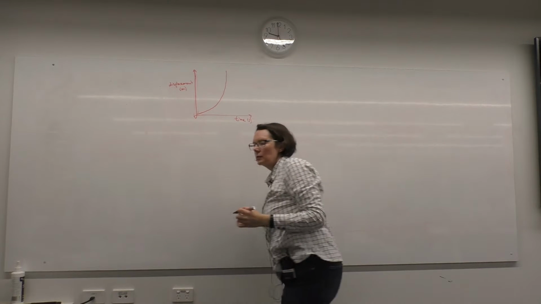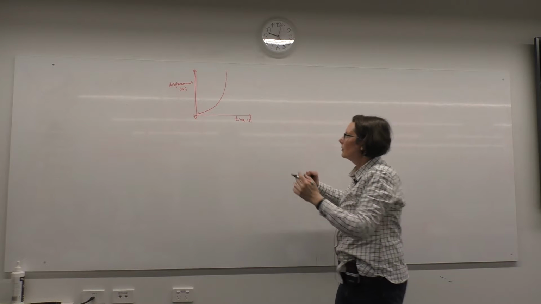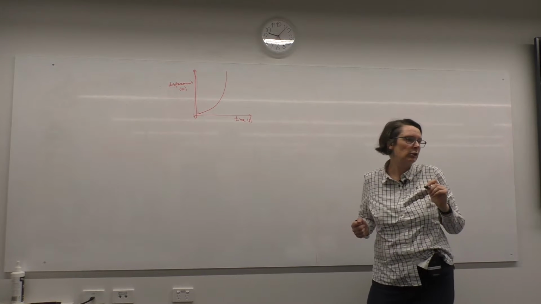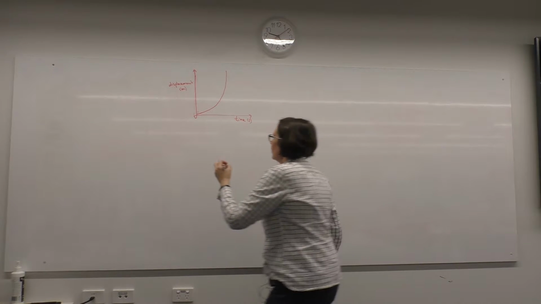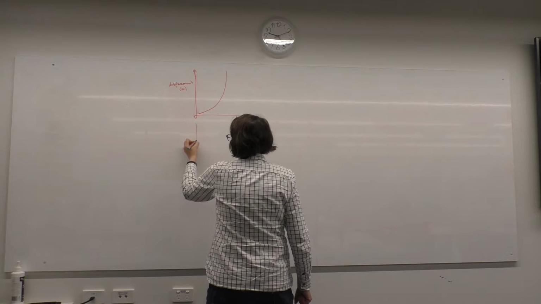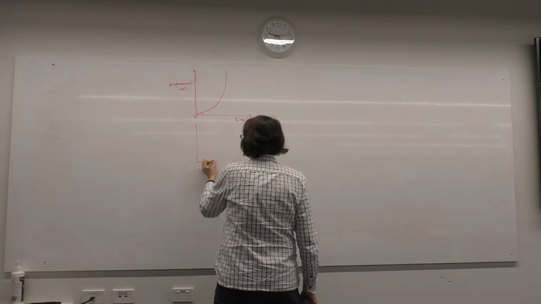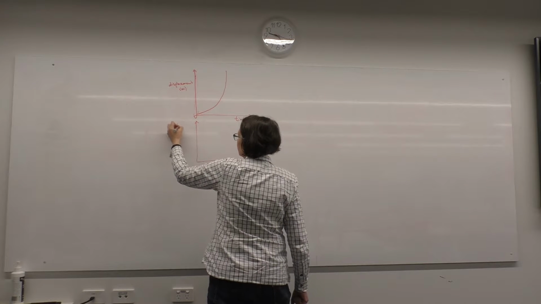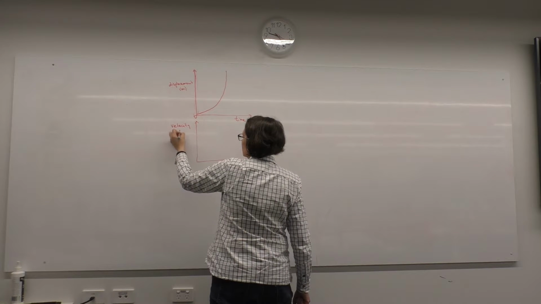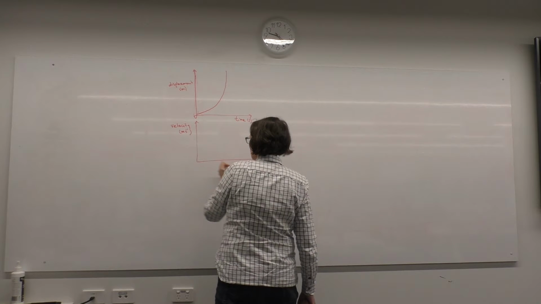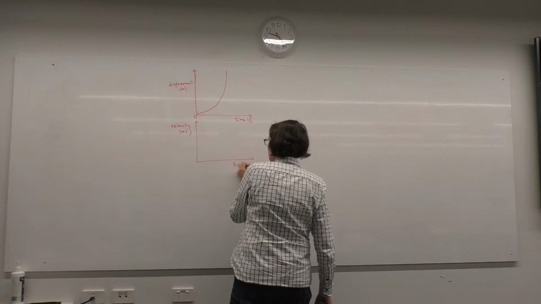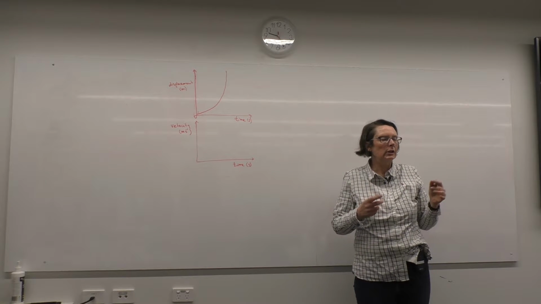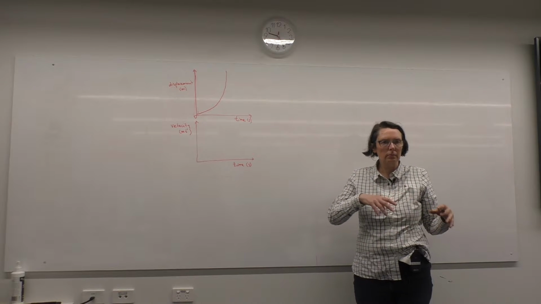And so here we've got an object that's accelerating in the positive direction. Now if I graph that same motion on a velocity time set of axes, I have a constant acceleration with this motion.